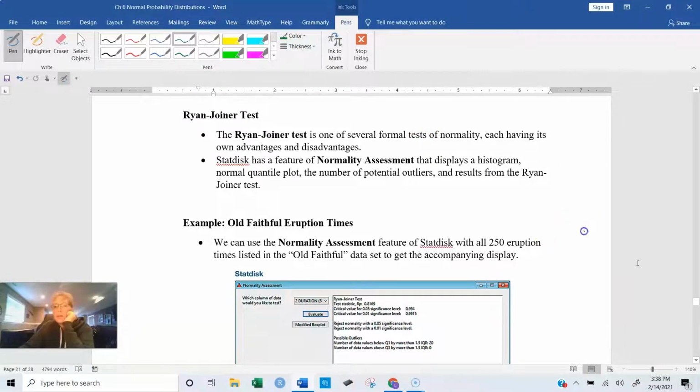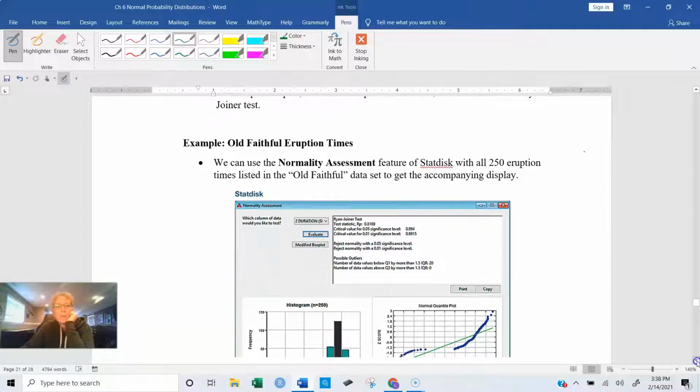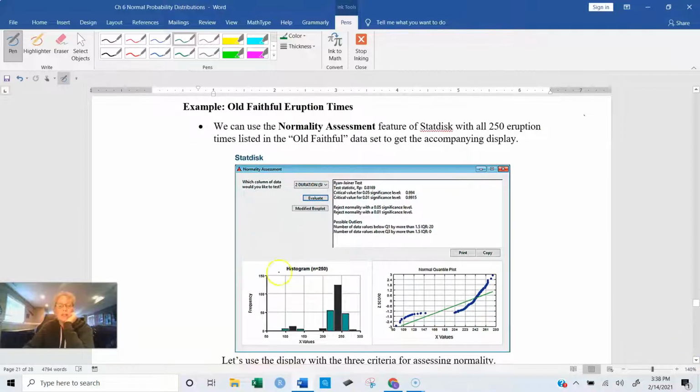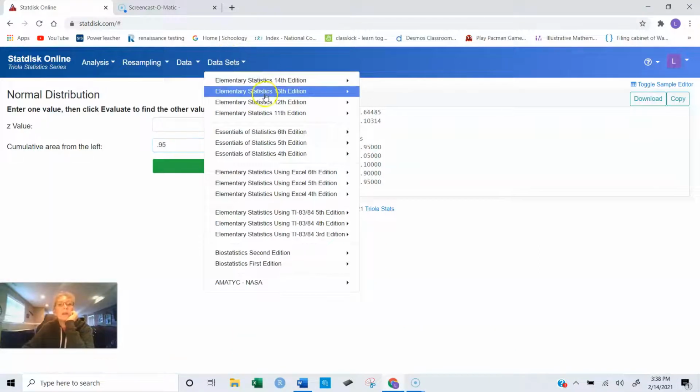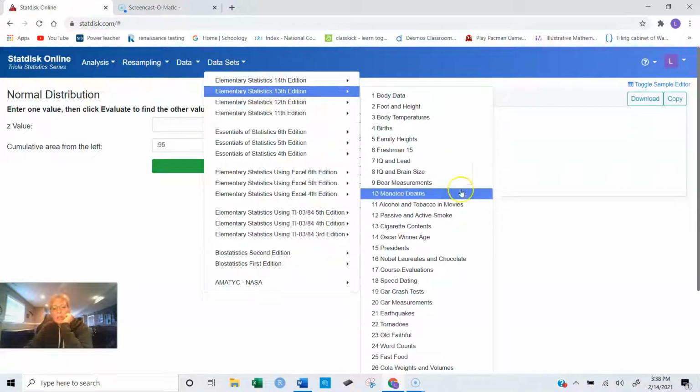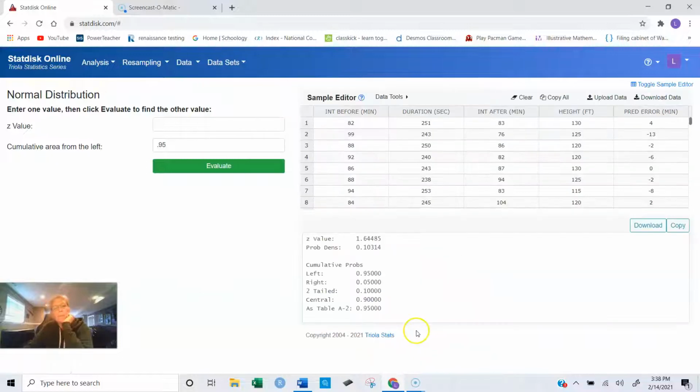Now, let's look at Old Faithful. I think we'll actually go to StatDisk and do this, just so you can practice a little bit. All right, go to your StatDisk, go to your data sets. Remember, we're in the 13th edition. Old Faithful is number 23.